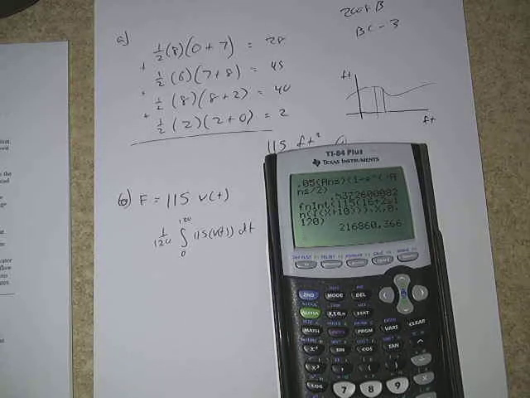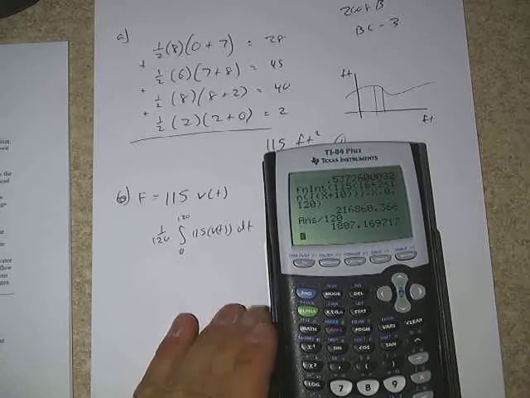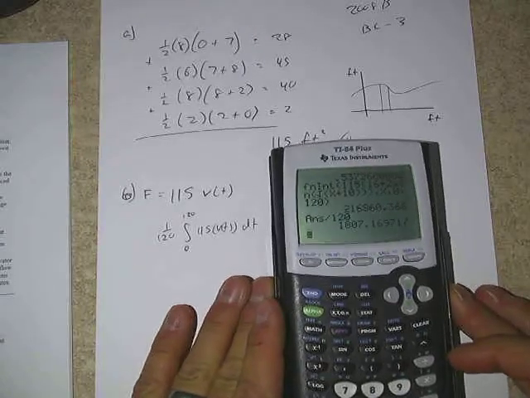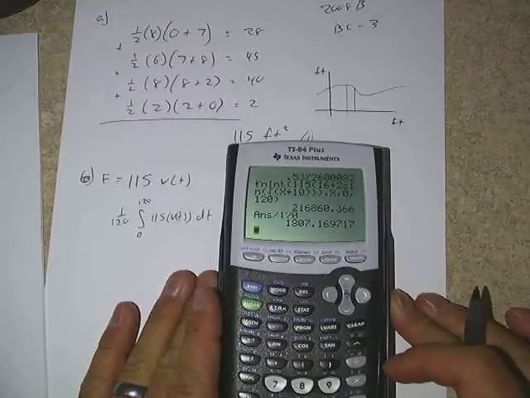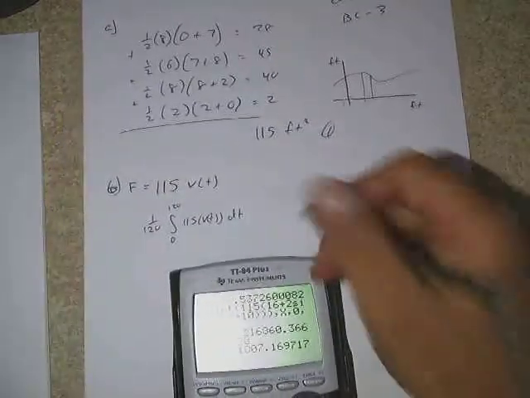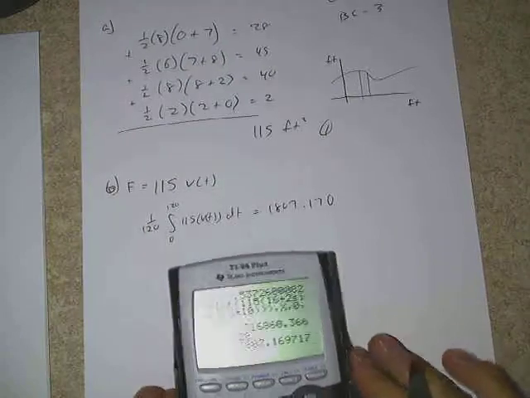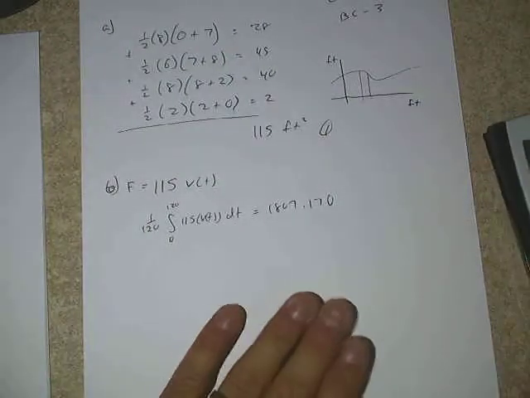From there, it's a calculator problem because it's on the calculator part. So we do our math 9, and we do 115 times, and our velocity function is 16 plus 2 sine of the square root of x plus 10.